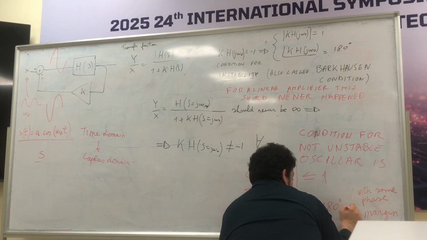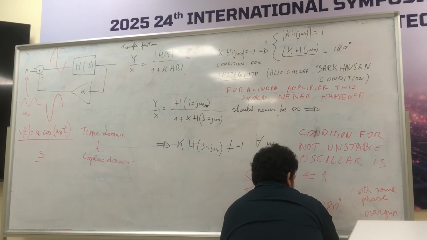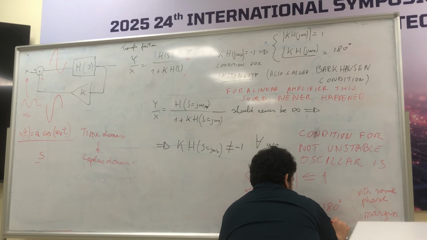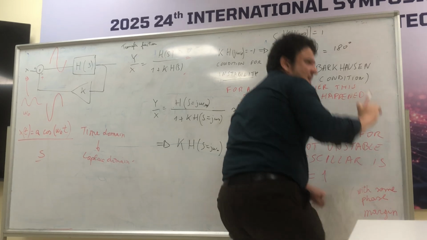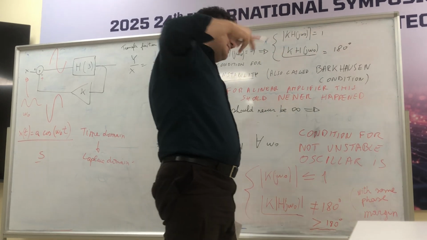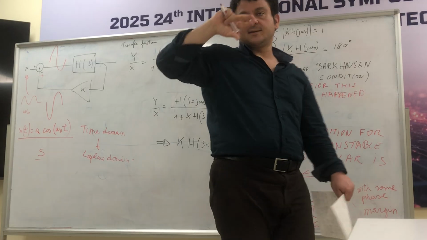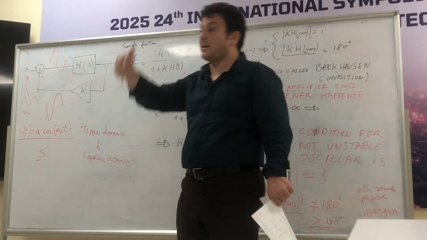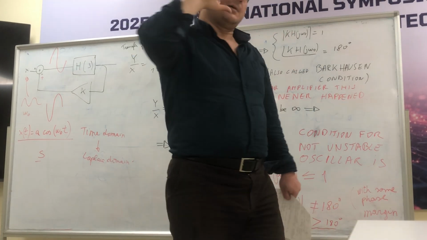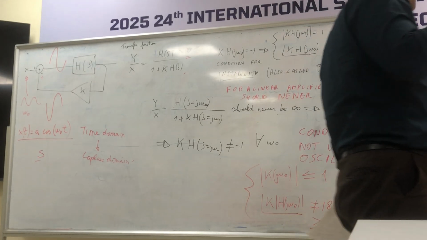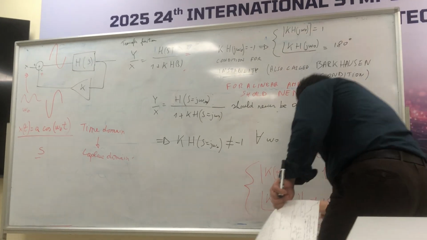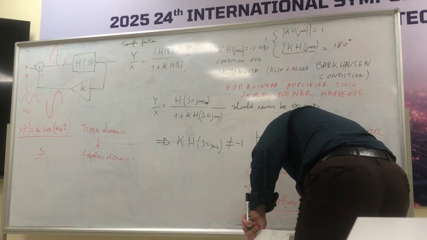Okay, but we'll see what it means. Better larger than 180. But we will see, okay, because as it's periodic, plus 180 and minus 180 are actually the same, okay? Then we will see better what they mean here.